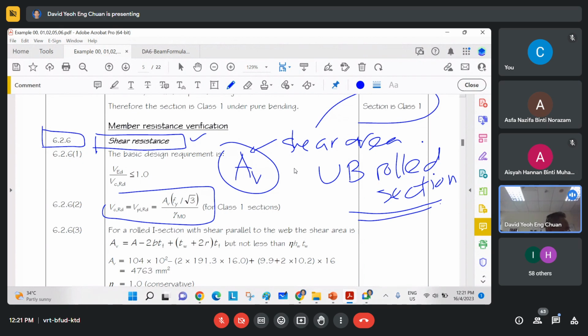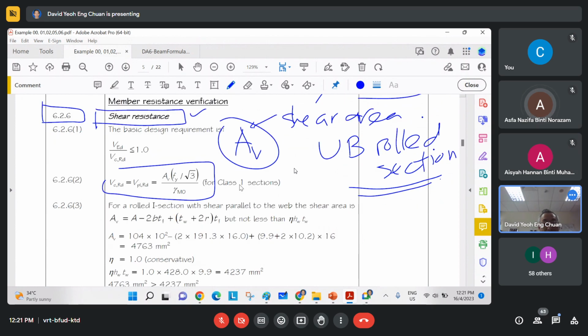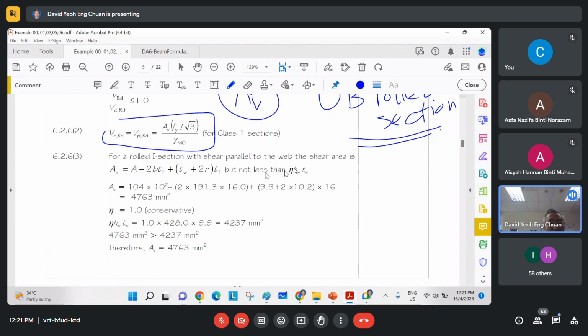At the top, bottom or middle? At the top. Okay. Everybody please highlight all this. I give you a bonus. Thank you, doctor. You're welcome. So we calculate all this.